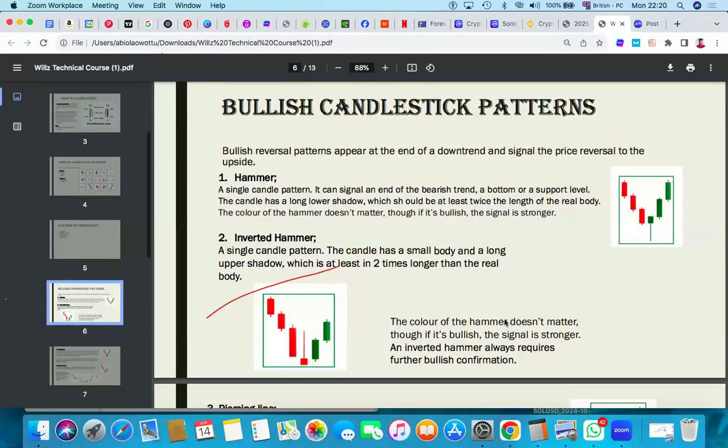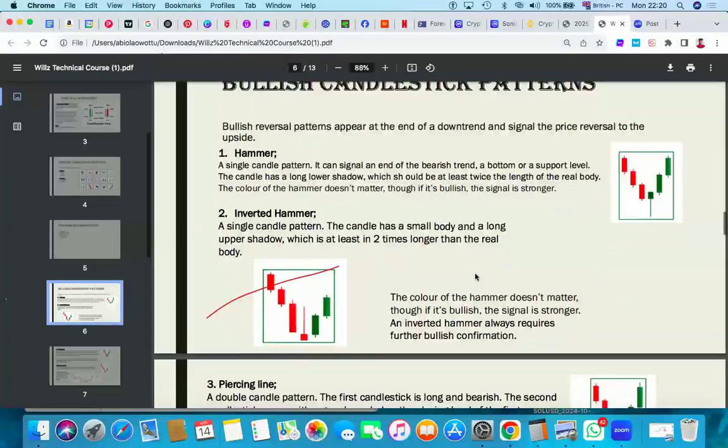Okay, so let's cover another. Since I explained the hammer, we can explain the inverted hammer, a single candle pattern. The candle has a small body and a long upper shadow, at least 2 times longer than the real body. This is a bearish scenario for an inverted hammer.